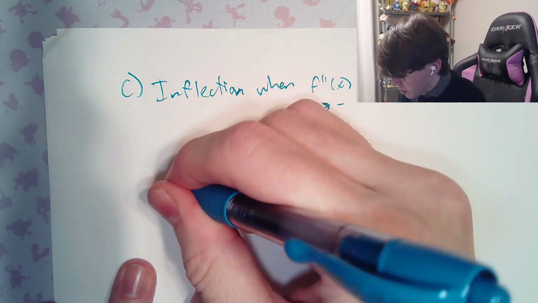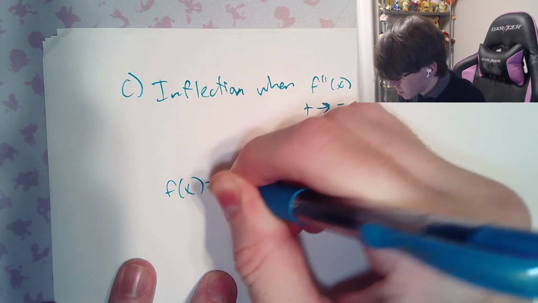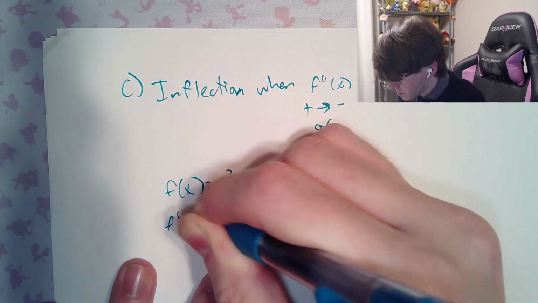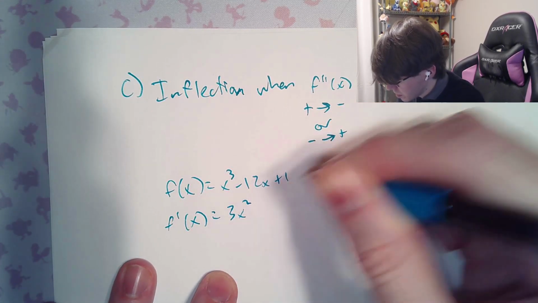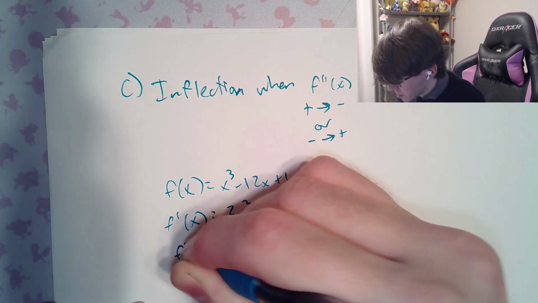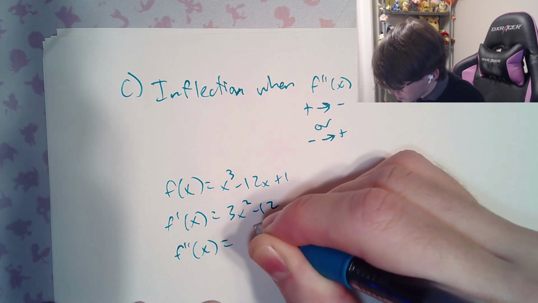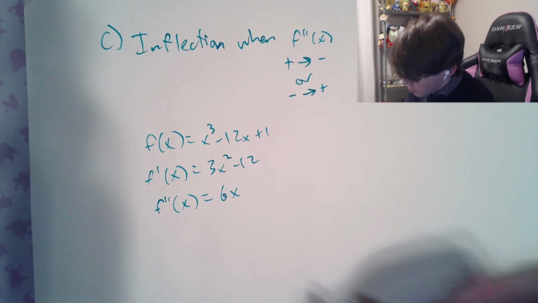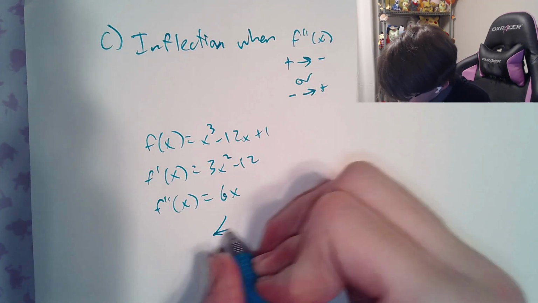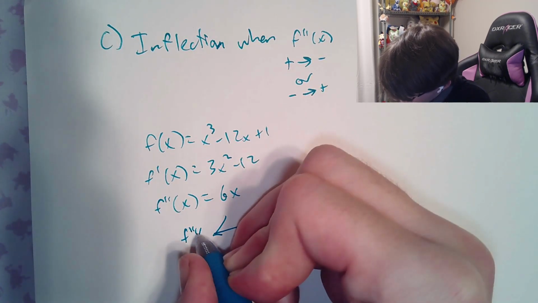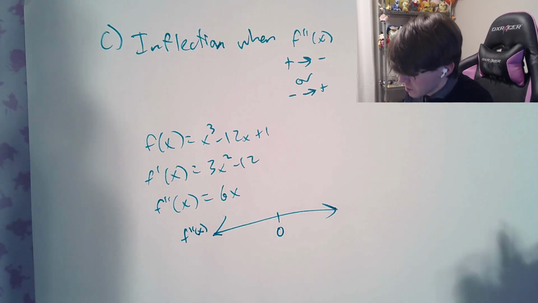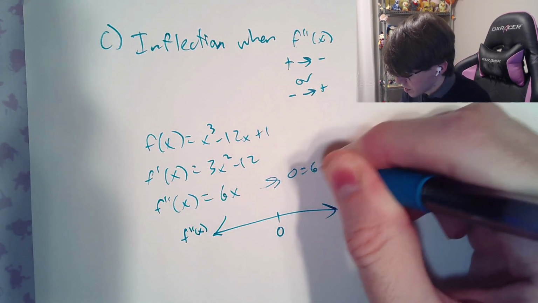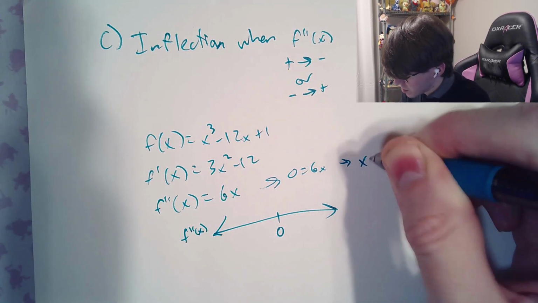Our original function was x cubed minus 12x plus 1. We already figured out our derivative was 3x squared minus 12, and our second derivative is going to be just 6x. In this case, our only point of interest on our second derivative number line is 0, because if I solve 0 equals 6x, then x equals 0.